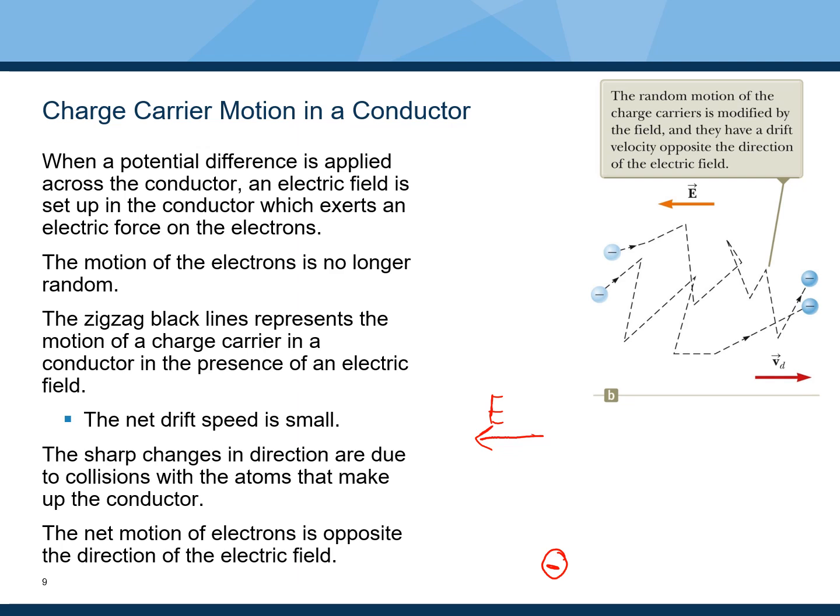So imagine, to begin with, that this electric field is not present. What will this electron want to do? Because it has a certain amount of thermal energy, it will be rattling around with a certain velocity. However, it will not go far, because it will impact with some other atomic nucleus out here.